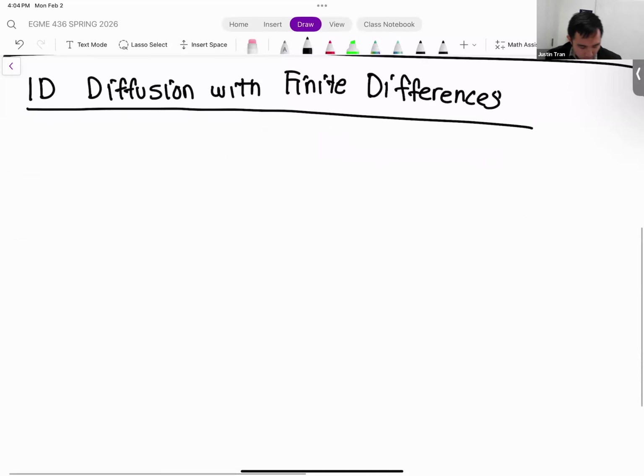Over the past couple of lectures, we've introduced this idea of finite differences as a way to approximate derivatives with an algebraic expression.